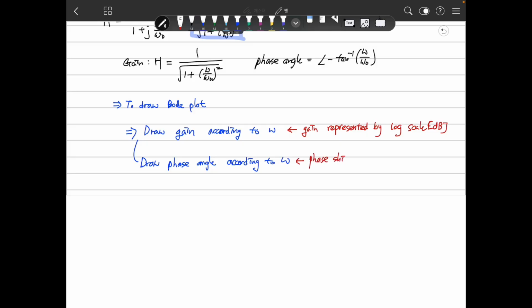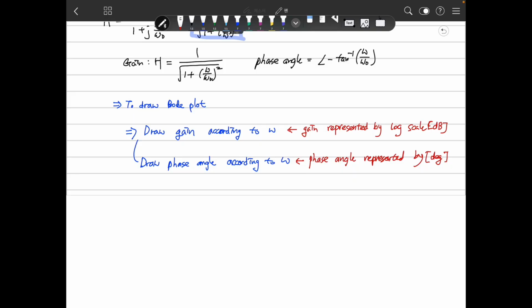And the phase shift, the phase angle, is represented by degrees. So that's it. The Bode plot is kind of a tool to draw the complex number according to the frequency, and that's it.